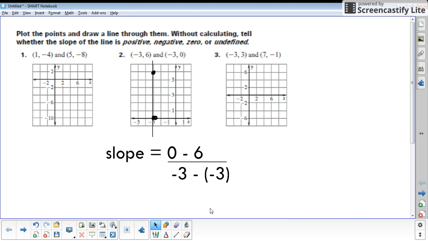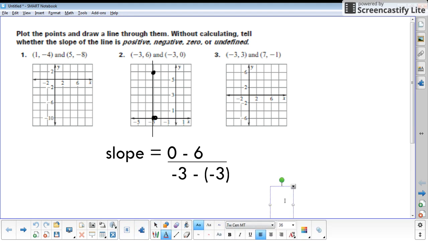On the top you're just going to get -6 or 6, depending upon the order that you're doing things in. On the bottom, you're going to get 0.